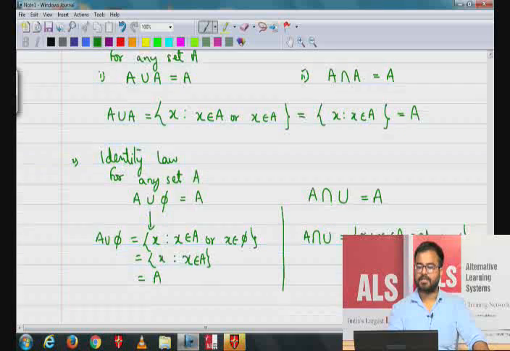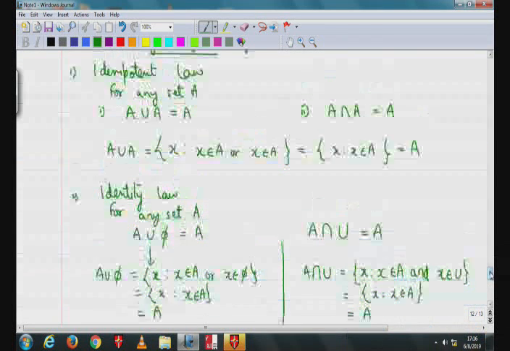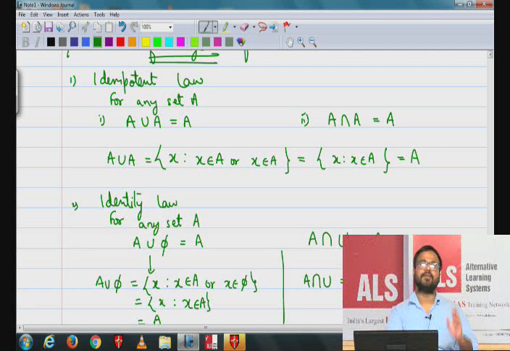Idempotent law means that for any set A, if you take the union of the same set, you will get the same set itself. And the intersection of two same sets will also be the same set itself. That is the meaning of idempotent law.